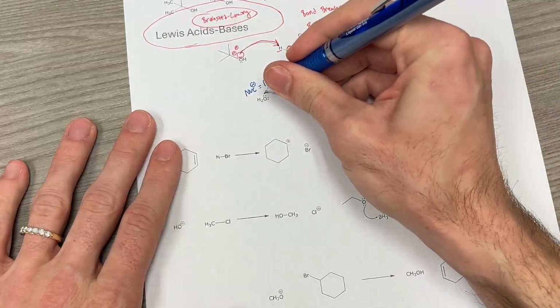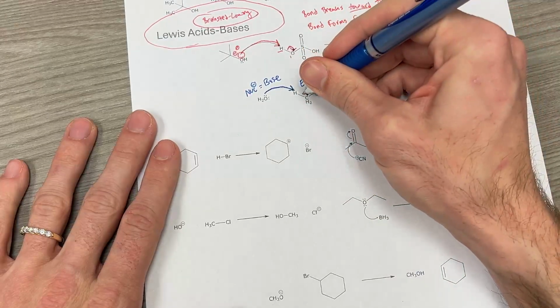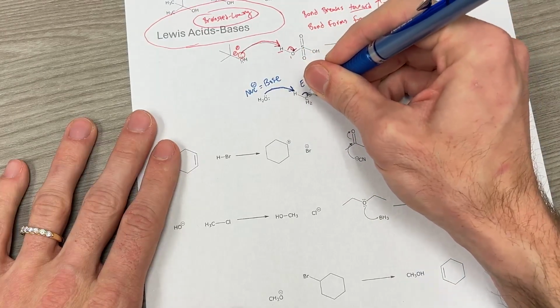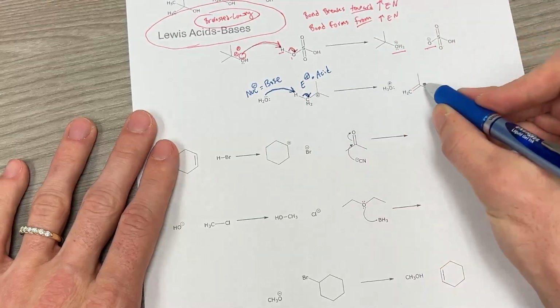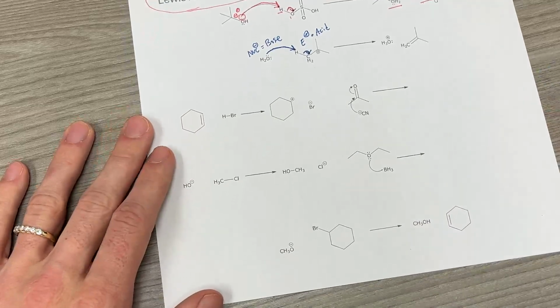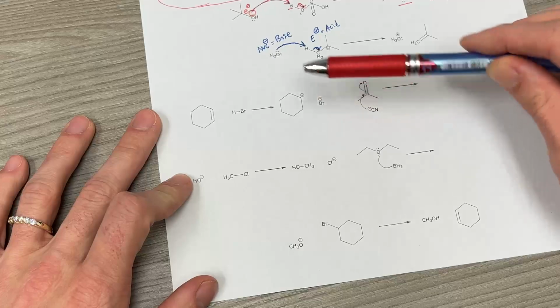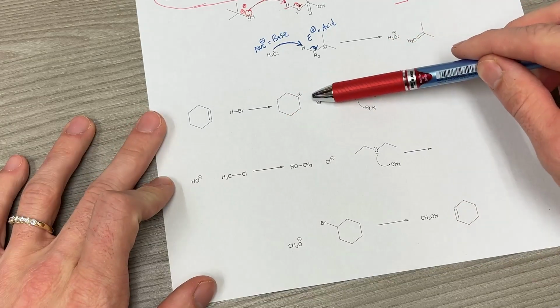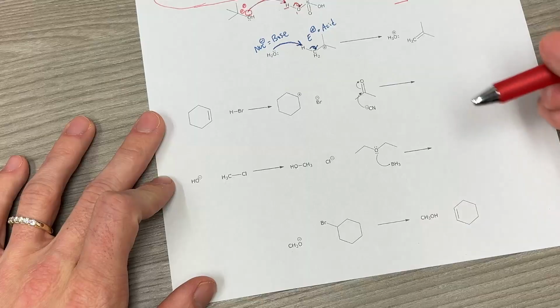A bond forms between O and H because of the electrons from O. A bond from C and H breaks back to the carbon, which in turn creates this new carbon-carbon bond. So here we have some examples of reaction steps that make and break bonds without any arrows. Based on the bonds that form and break, we'll decide what arrows are needed.